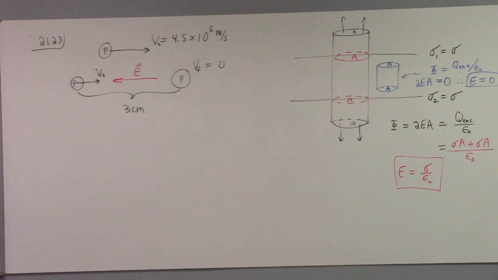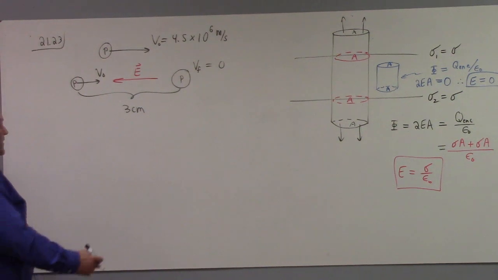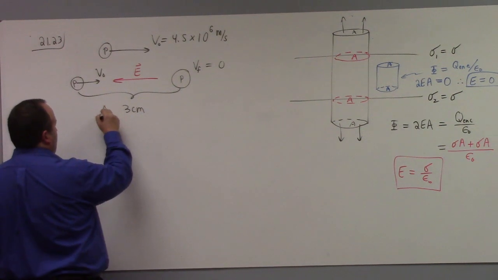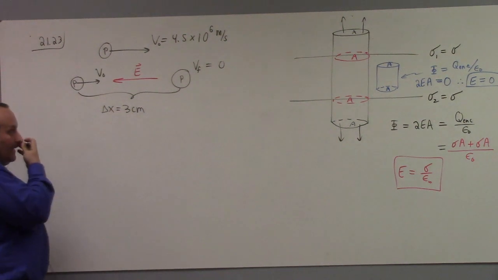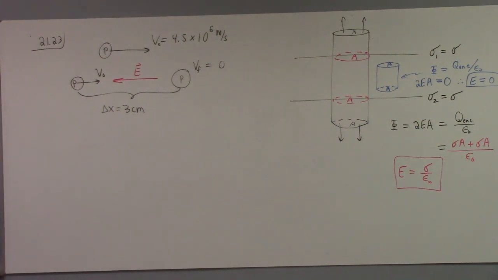The change in velocity is equal to the negative electric field. How about, this is the delta x, right? Kinematic equations from physics 1. At the moment, I don't care about the time.